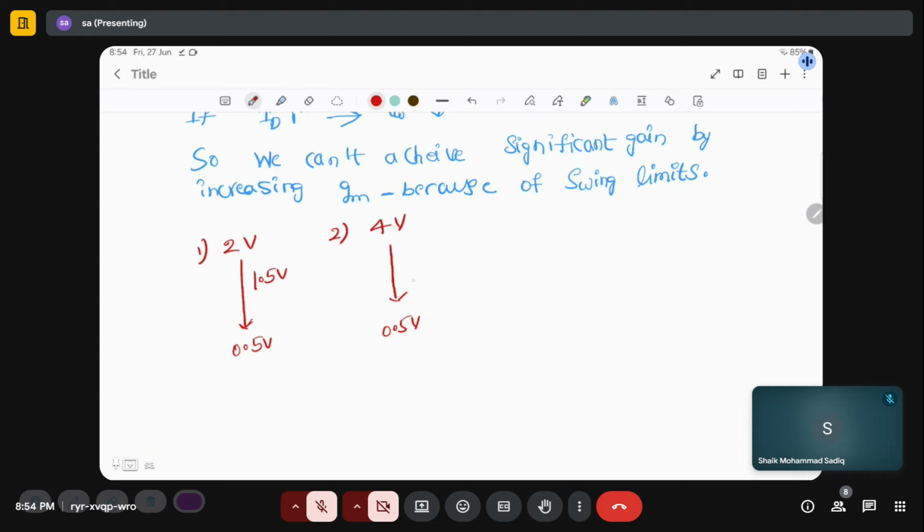But the range I have here is 3.5 volts. So if you increase VDD, you can get more swing limits and gain.